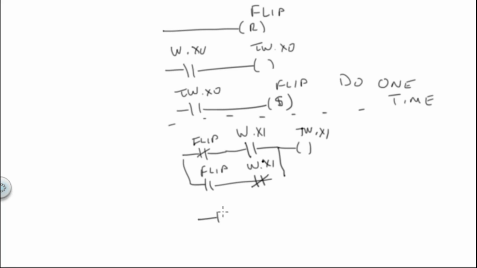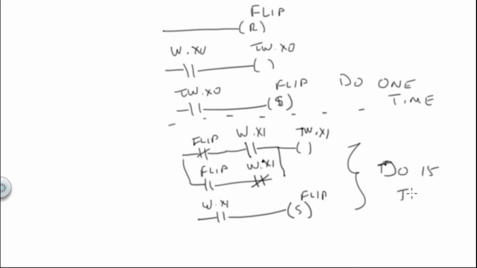And then if word.x1 is on, you set flip. You do this 15 times. This gives me my 2's complement.